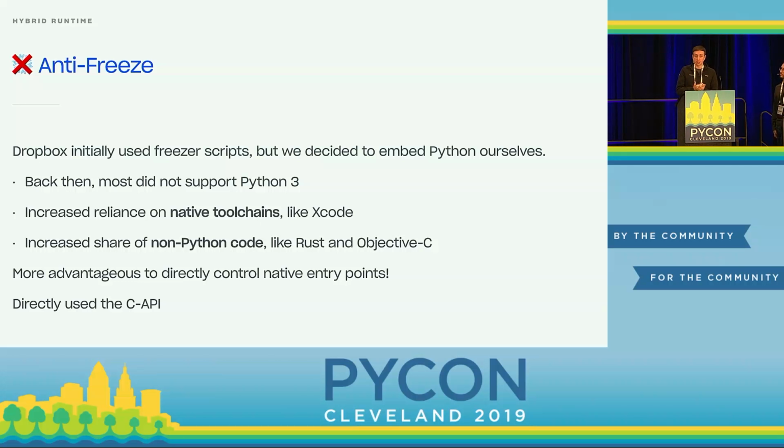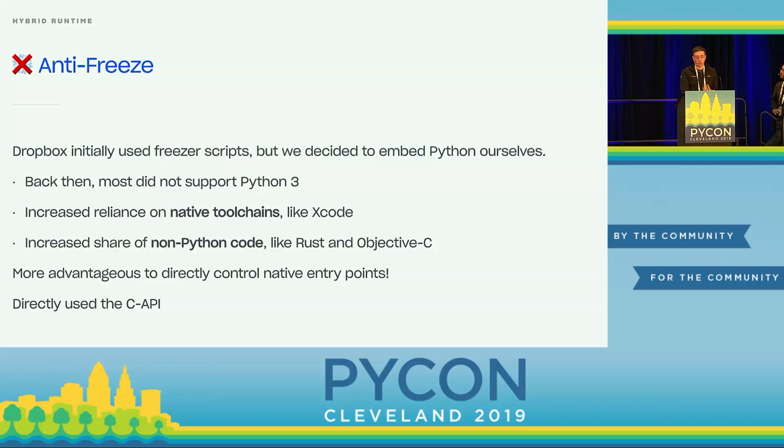And finally, Python's not alone in our code base anymore. Where the first version of Dropbox was just Python, we now have a whole bunch of Objective-C and Rust and C and C++. Since freezers are very deeply embedded in the Python environment, they're basically setuptools, and setuptools isn't quite good enough as a build system to wrangle all of these things together.